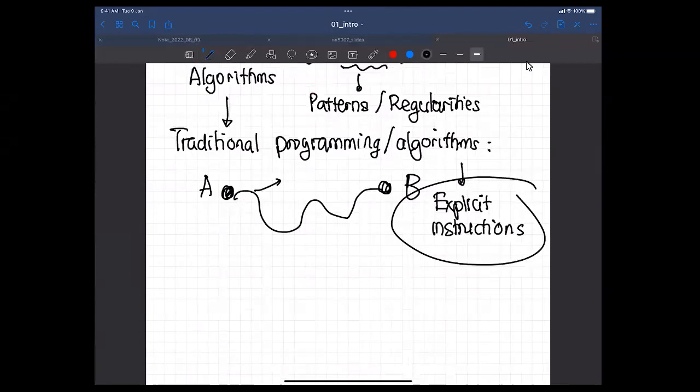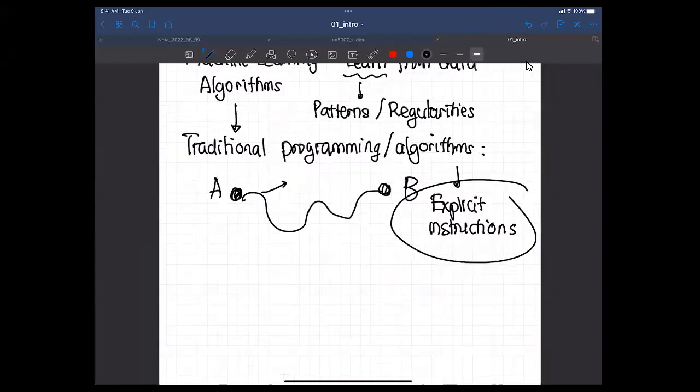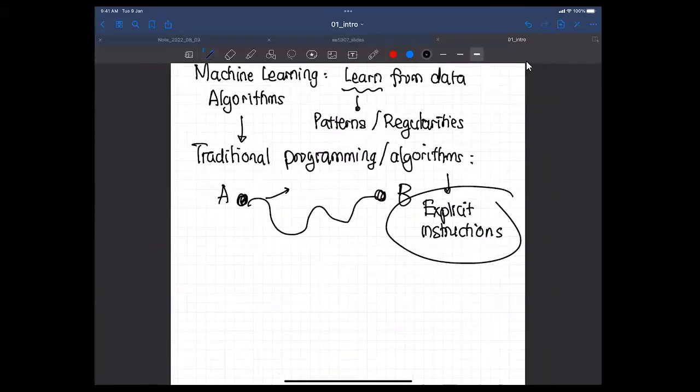Okay, so that's the idea of traditional programming, that we need to have explicit instruction put into the code. Now, machine learning is different from this because we don't want to have this explicit instruction. There is no need to have explicit instruction.